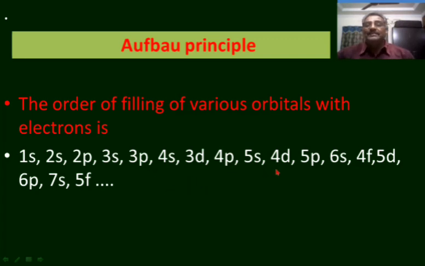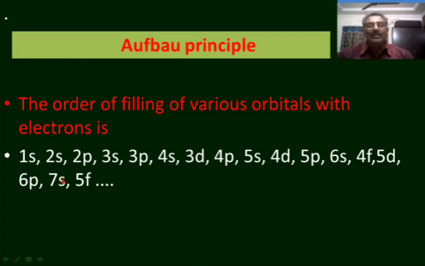And 3d orbitals can accommodate 10 electrons. There are 5 orientations for the d sub energy level. Each orientation is said to be 1 orbital, and these 5 orbitals in the 3d sub energy level can accommodate a maximum of 10 electrons.